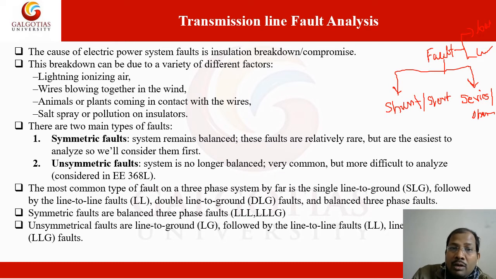The environmental conditions are listed here: lightning ionization, air gaps due to lightning phenomena, wind, thunderstorms, animals or plants coming in contact with the wires, and some pollution. Based on environmental conditions there are some insulation breaks. There is also decay, the dielectric decaying with time, so it requires maintenance. Due to less maintenance there are also faults. So these are the different types of faults.